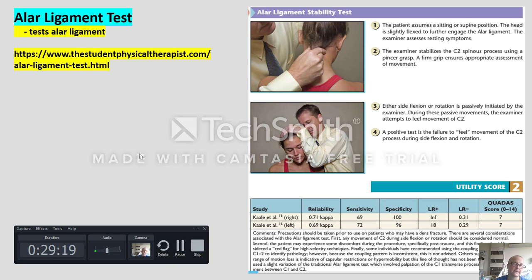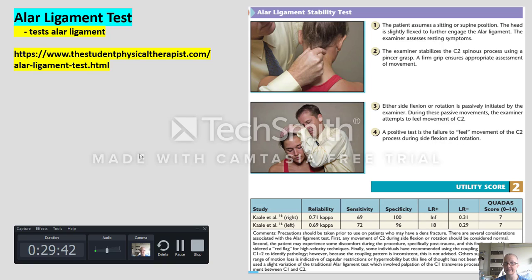Alar ligament test. Test the alar ligament. That's easy enough. The patient assumes a sitting or supine position. The head is slightly flexed to further engage the alar ligament. Okay? The examiner assesses the resting symptoms.